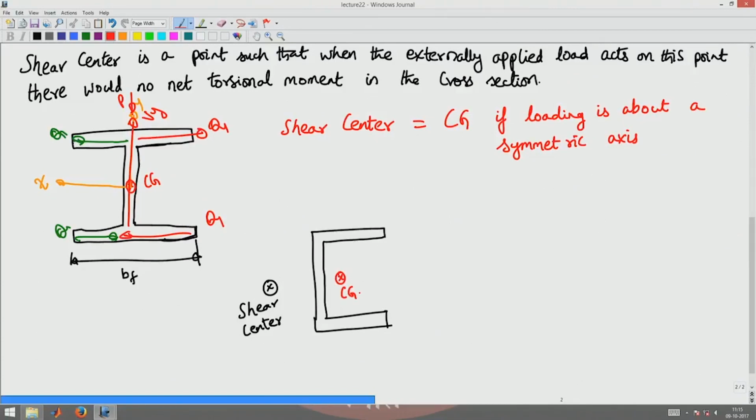This is because the y axis here is not a symmetric axis, whereas the z axis is a symmetric axis. So the shear center lies on the symmetric axis, the z axis, whereas y is not a symmetric axis. So your loading has to be along the shear center here. Now, in the same way, we have to see what the shear center is for an angle section and for a T section.